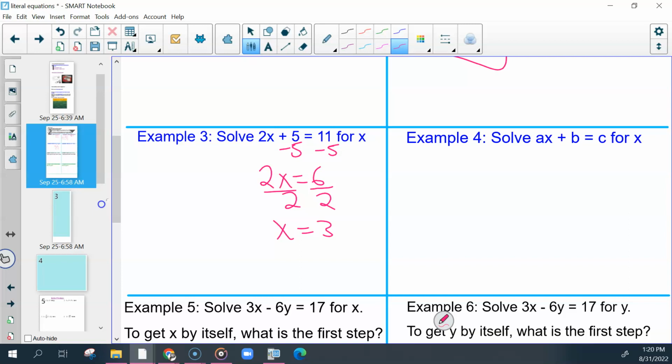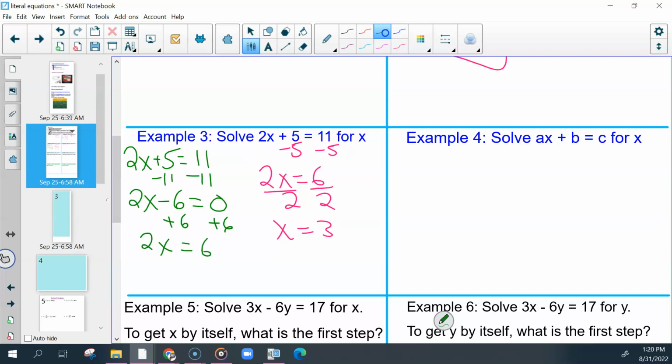There's nothing saying we can't. So I'm going to write that and show you what happens. If we subtracted 11 from 5, we'd end up with negative 6 and 0, and then would have to move the 6 back. So we created an extra step for ourselves if we do that. So there's nothing saying we can't. There's just an extra step.